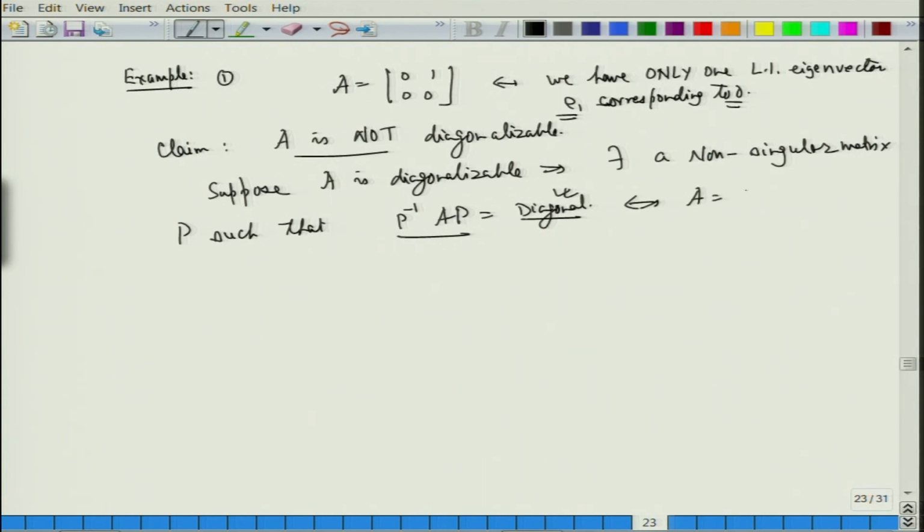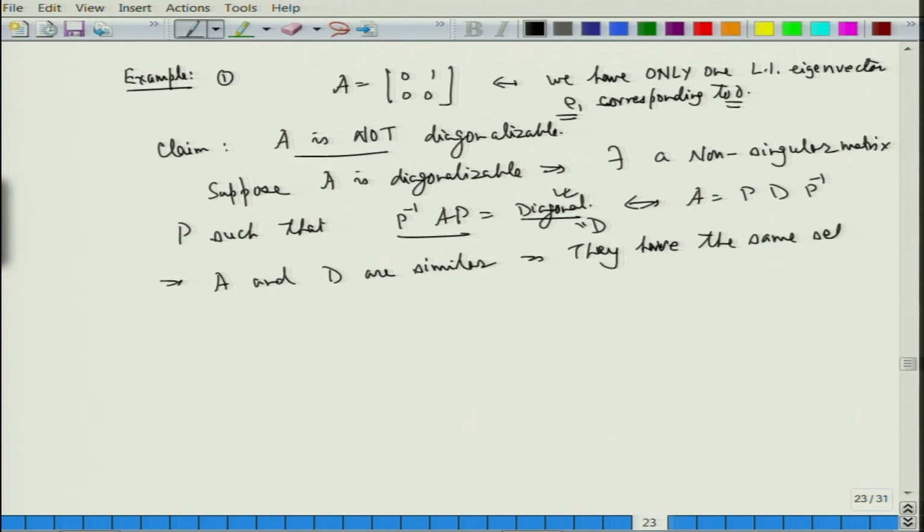So A is nothing but P D P inverse. So this implies A and D are similar, which implies they have the same set of eigenvalues.